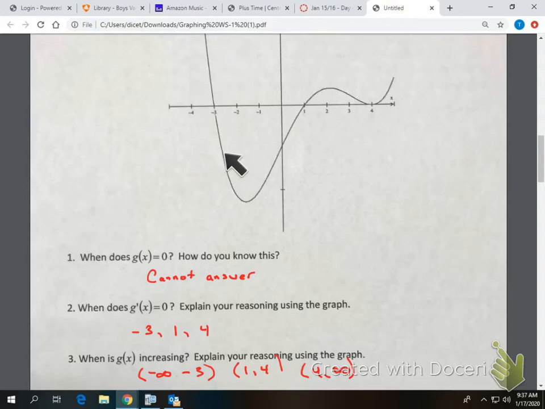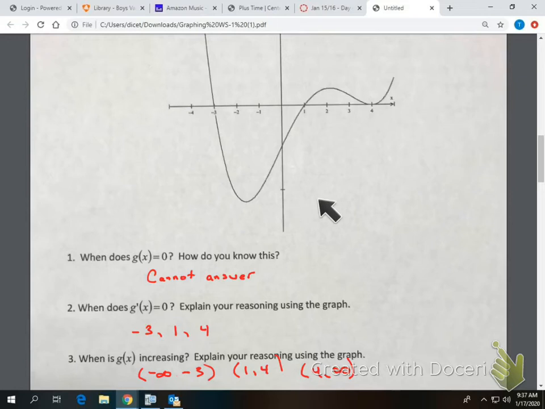Increasing, 0, decreasing. Wouldn't that be a relative max? Follow me here. This is a 0. The derivative is negative, so your original function is decreasing. Then 0. The derivative is positive, so your original function is increasing. Decreasing, 0, increasing. That's a relative minimum.